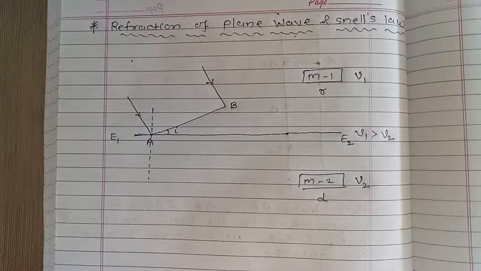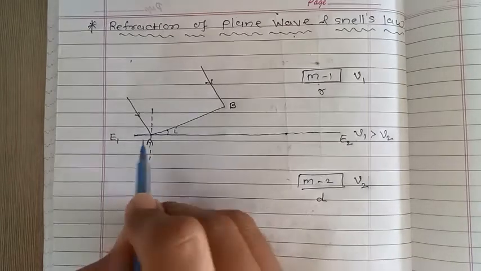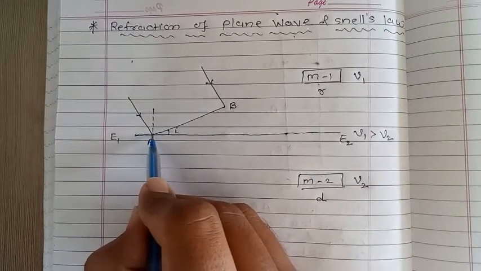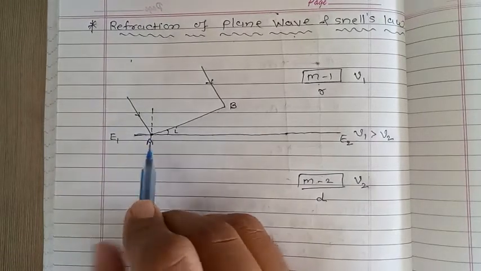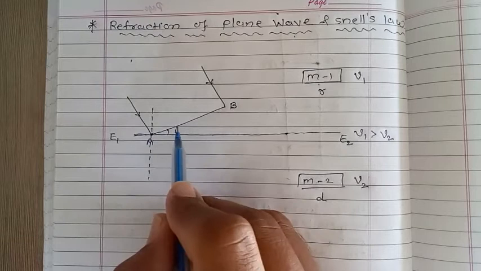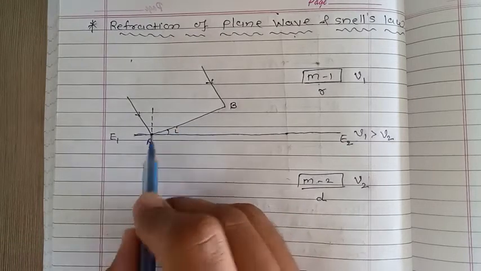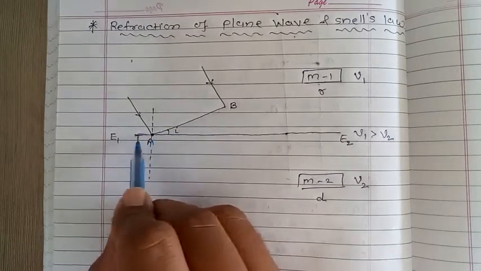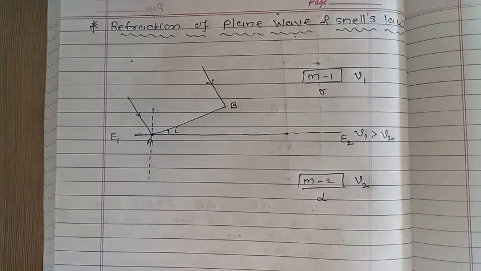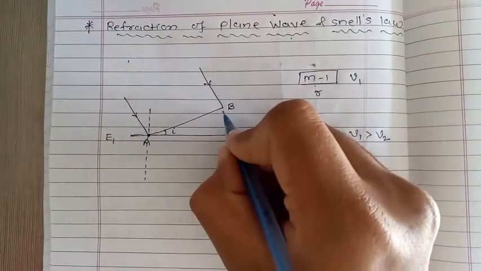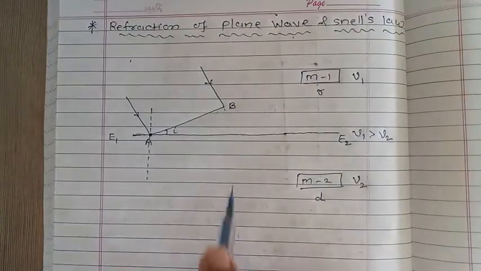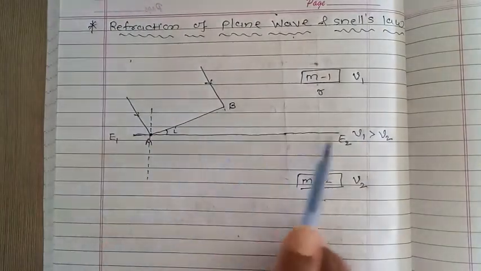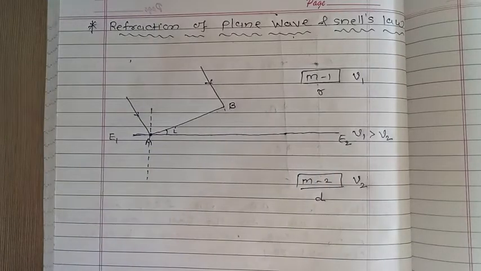Now here you can see that a point, or we can say a particle of this wavefront AB, the particle A is already on the surface. Now the particle B also goes to the surface E1 E2.